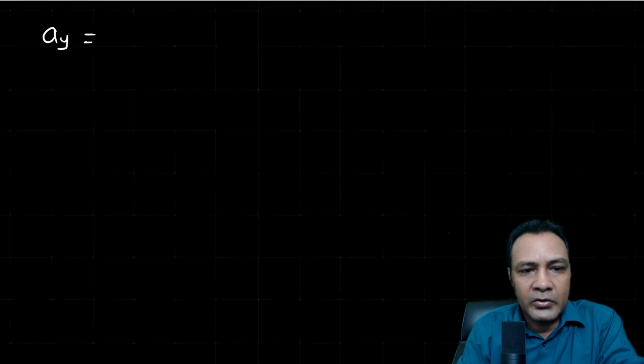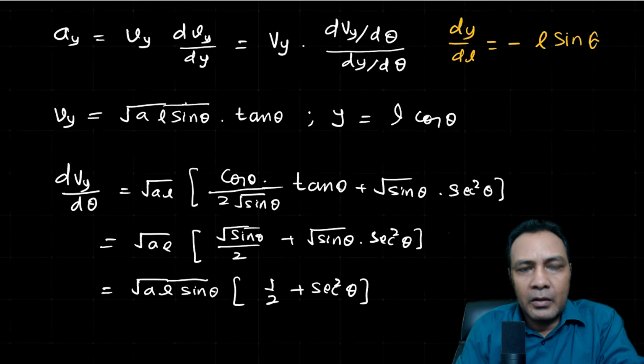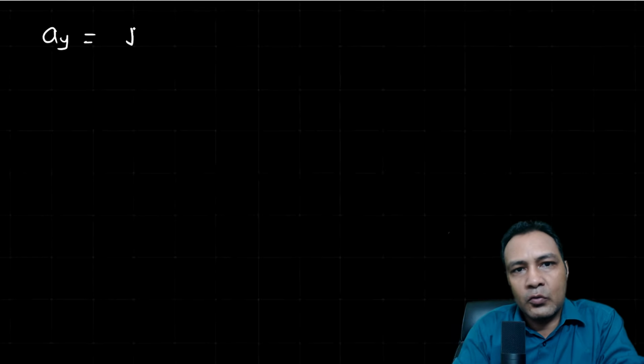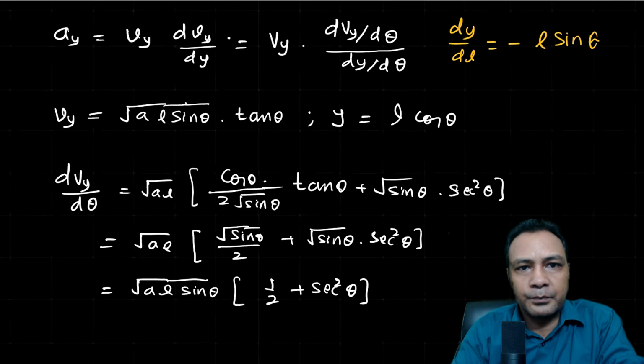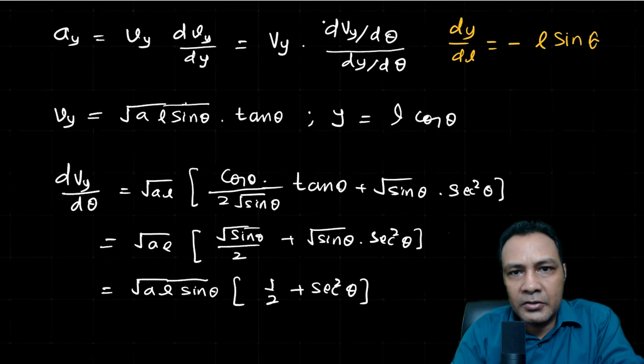So in Ay, first there was Vy, and Vy is root AL sine theta into tan theta, into this dVy by d theta.